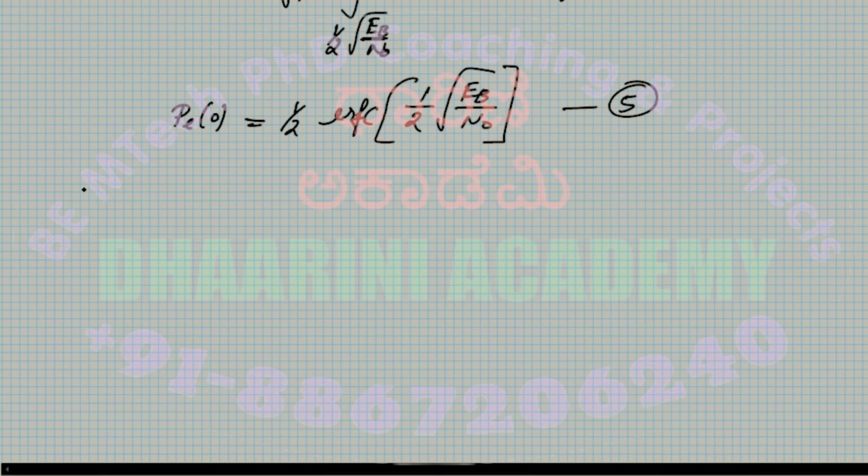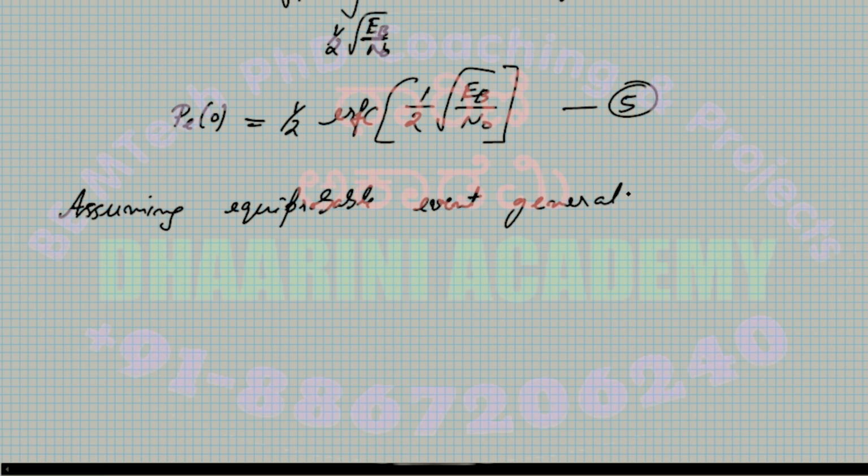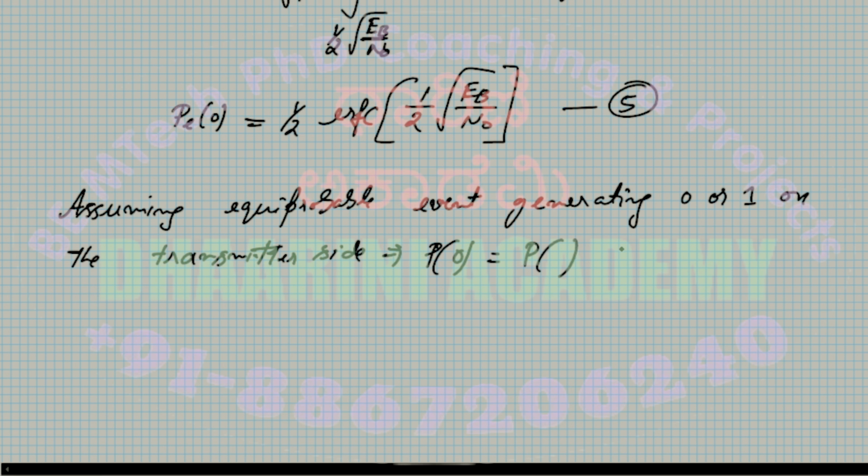Assuming equiprobable events of generating 0 or 1 on the transmitter side, the probability of occurrence of 0 is equal to the probability of occurrence of 1, which is equal to half.